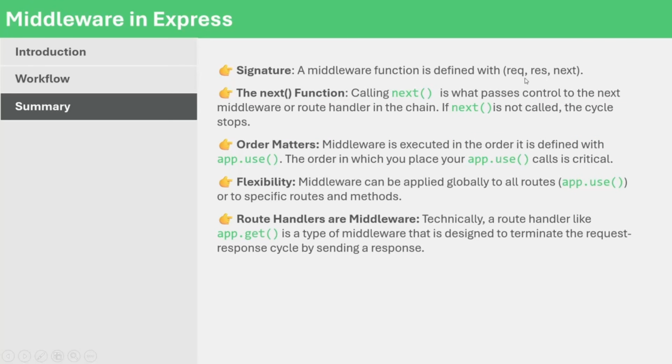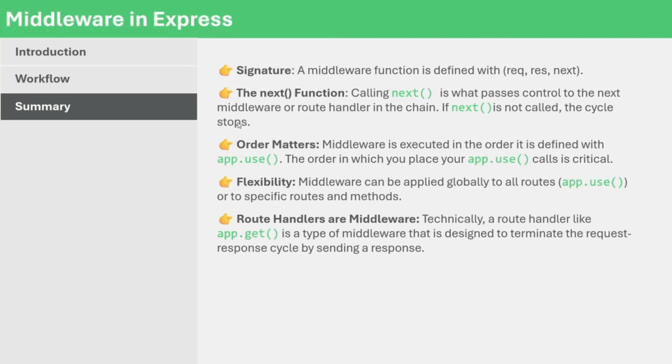Whenever you create a middleware function, it will receive three parameters: request, response, and next. The next function is what passes control to the next middleware or to the route handler function in the middleware chain. If you do not call this next method, the cycle stops and the request will be stuck.